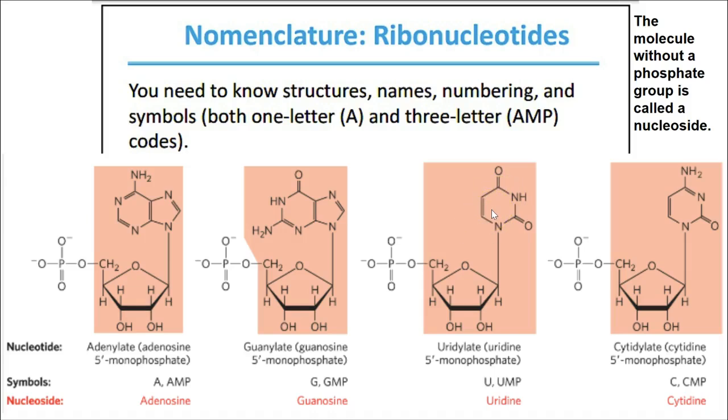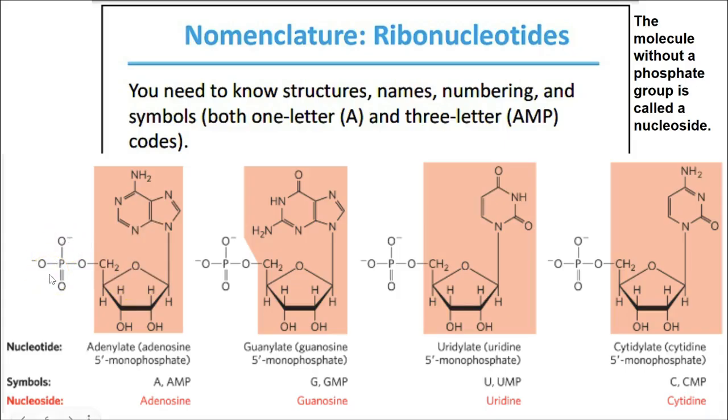And what is highlighted here, in red or this peachy type of color, is what is called a nucleoside. A nucleoside has a base and the carbohydrate. The only thing it's missing is the phosphate group.